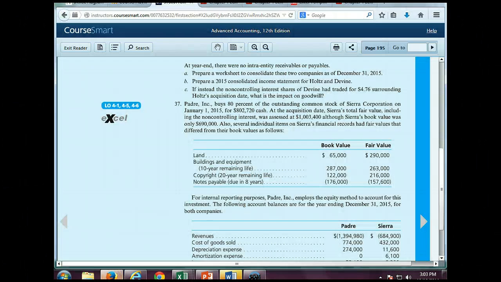Then we've got a note payable. The book value is 176, but our fair value shows 157.6. So we were going to assume more debt than we really need to, right? So this is an increase for us, a benefit for us of 18,400.